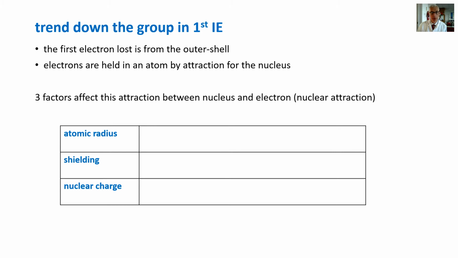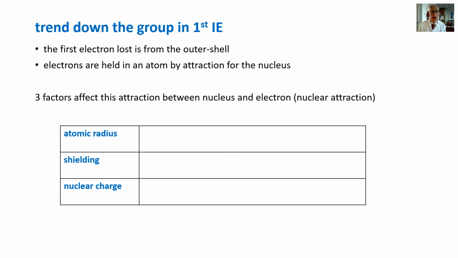So I'd like you to pause the video and write down how you think the size of the atom, the atomic radius, will affect the strength of the nuclear attraction. That is the attraction between the nucleus and the outer shell electron. How will shielding, that is the presence of inner shells of electrons, affect that nuclear attraction?